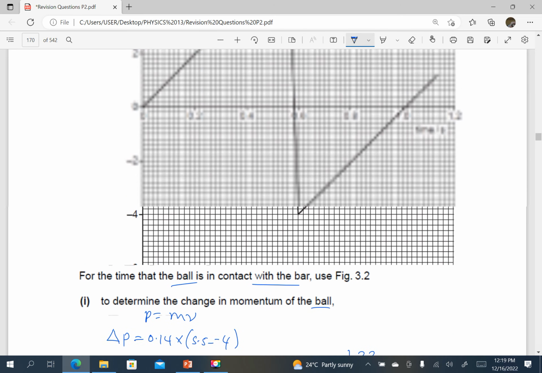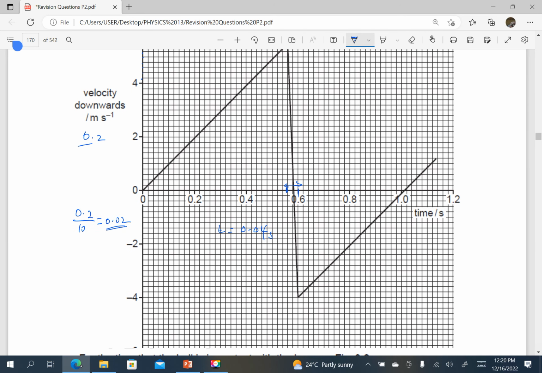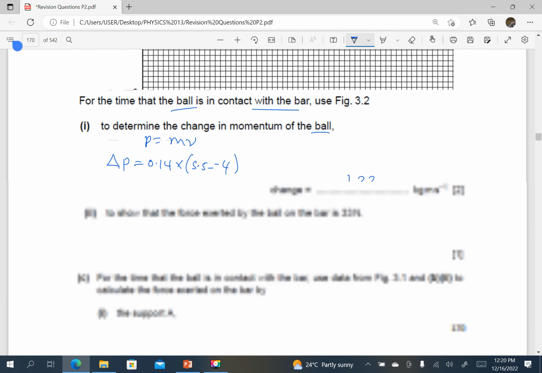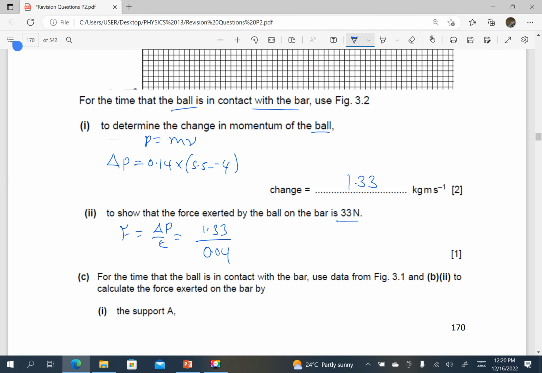Remember, this time here where the velocity is changing is the time of contact, which we have seen as two small squares, that is 0.04 seconds. So the force is going to be 1.33 over that, which when I press my calculator, this force is 33.3 newtons.